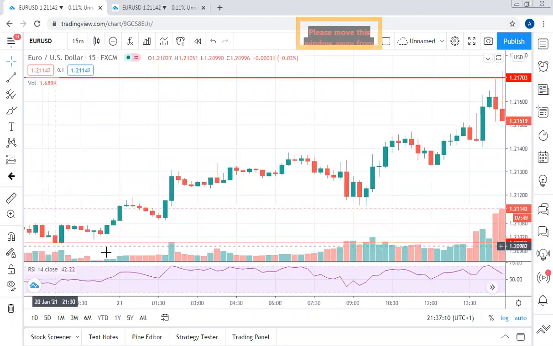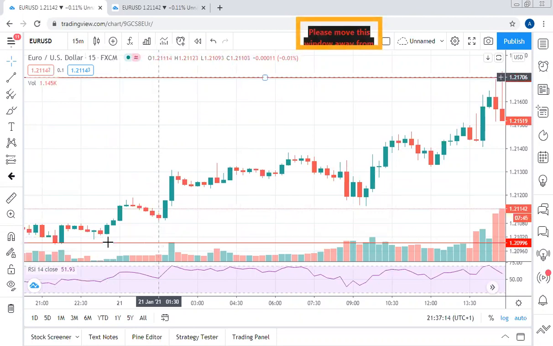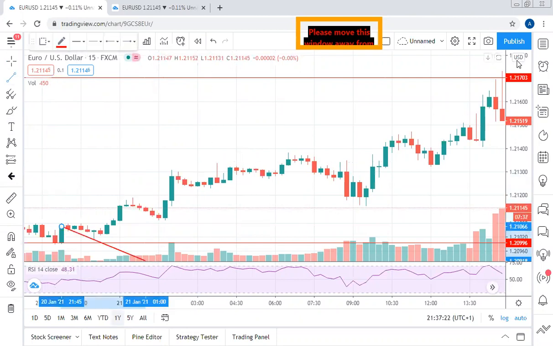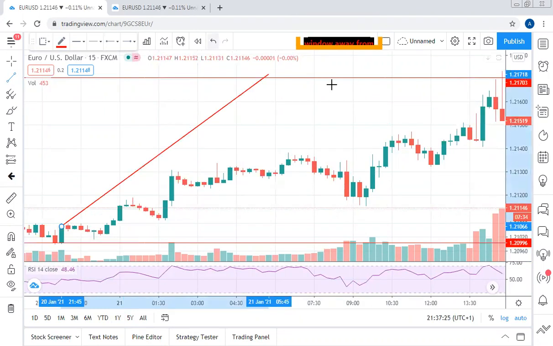So this is the first criteria for your buy and sell entry: your horizontal lines, your dynamic lines. From this point, you just draw your trend line as second confirmation.